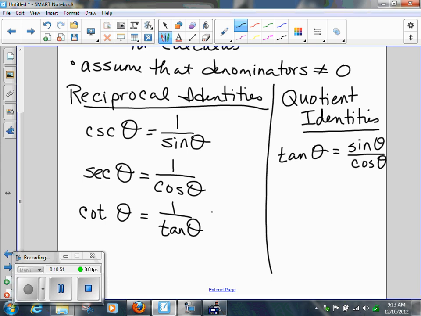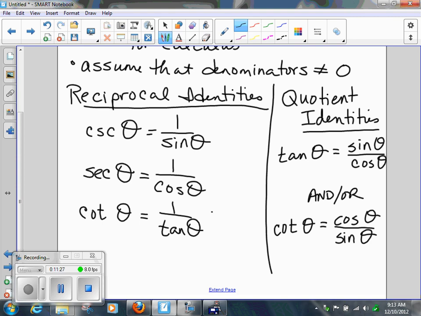And you also know that another way to write cotangent is what divided by what? Cosine over sine. Very good. So you already know these. Do you have those on your card? Yeah. Okay.